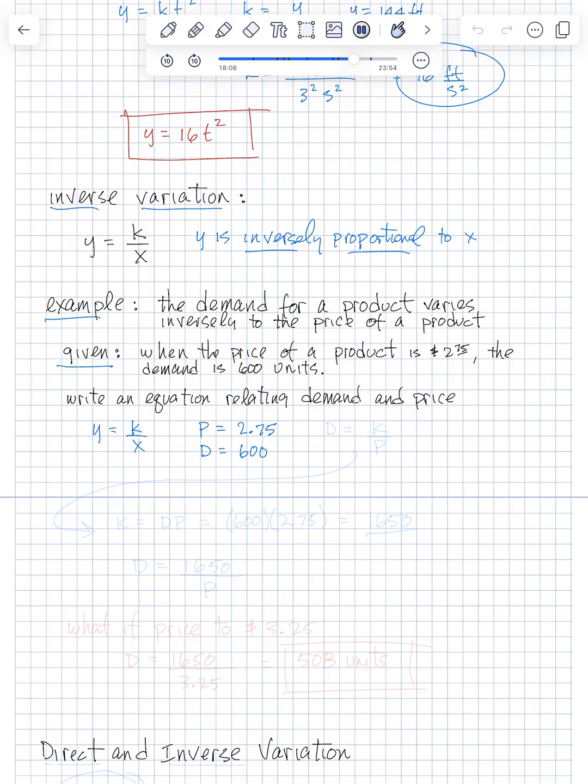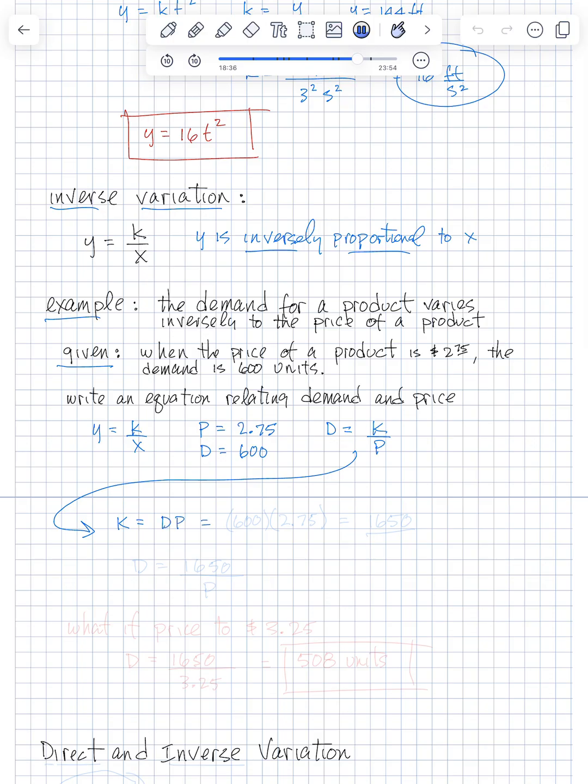So we're going to rewrite the y equals k over x to be d equals k over p. And we want to solve for k. So we have to multiply both sides by p. And let me take this and start again over here. So I'm going to say k is equal to d times p.